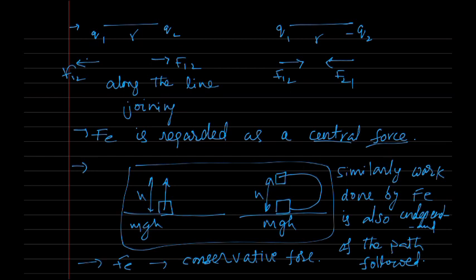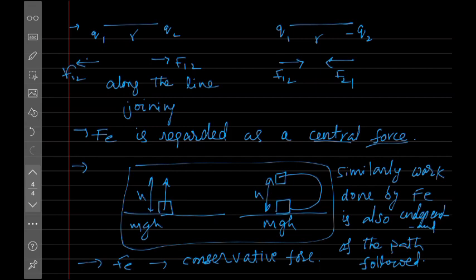Okay, now let us discuss one more property. Let us take two charges here, q1 and q2, separated by a distance r. Now the force on q1 due to q2 is k q1 q2 by r square.